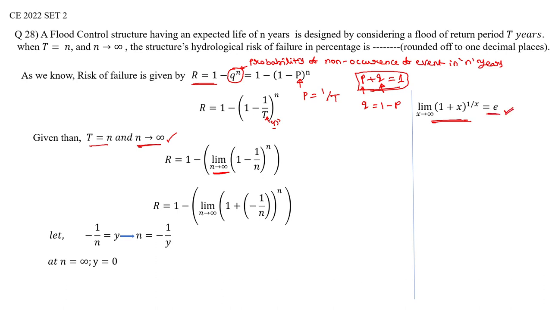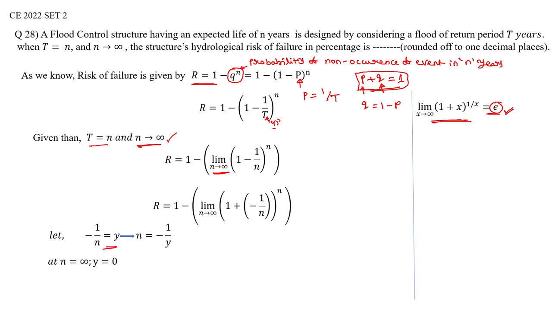We will shuffle the terms in such a way that we get this exponential value e. That is our aim here. So 1 plus (minus 1 by n) whole power n.